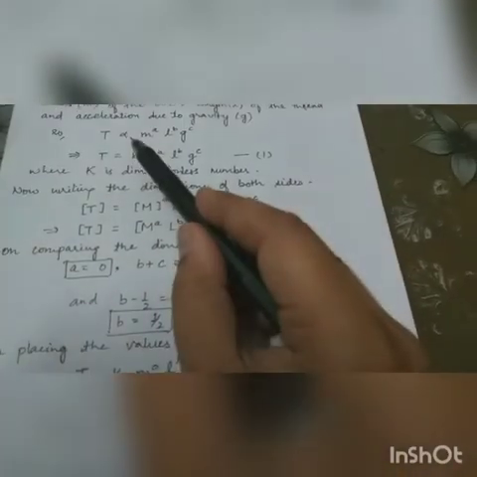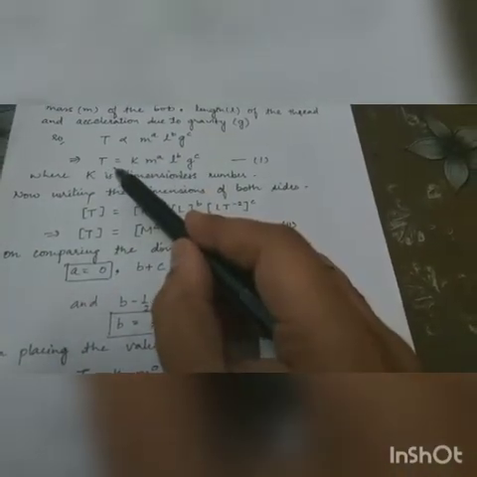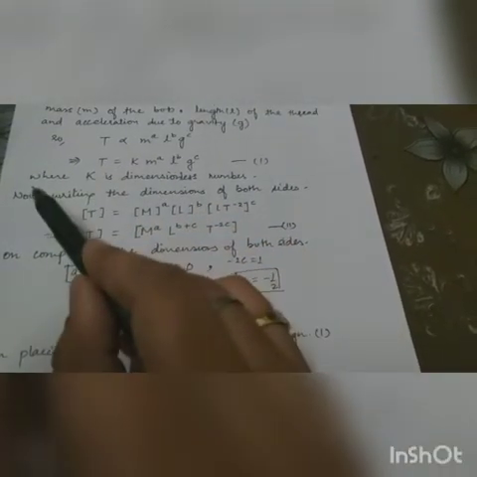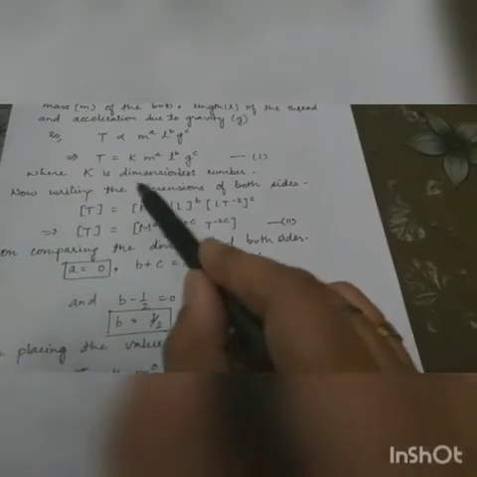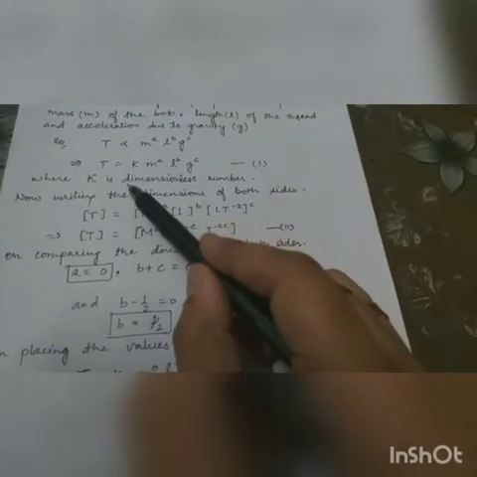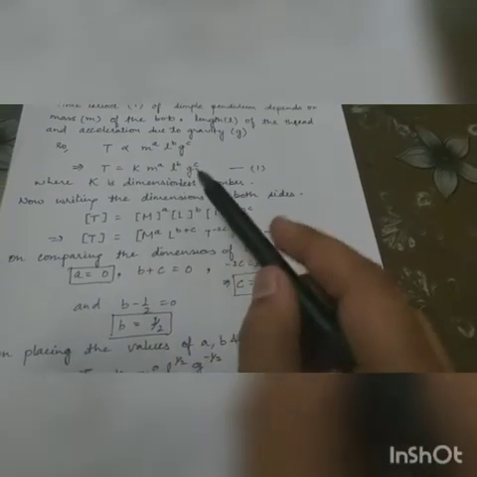So after the equal sign there will be a proportionality constant k, and I consider that k is a dimensionless number, meaning k is a constant and it has no dimension. Let it be equation number 1.